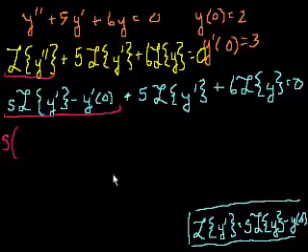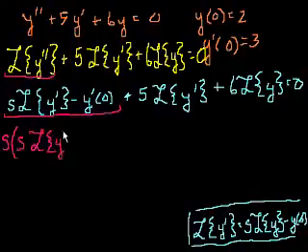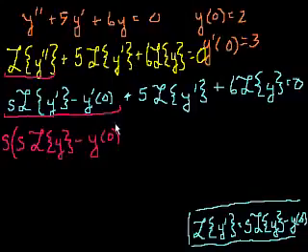Well, that's s times the Laplace transform of y minus y of 0. Right? I took this part and replaced it with what I have in parentheses. So minus y prime of 0.